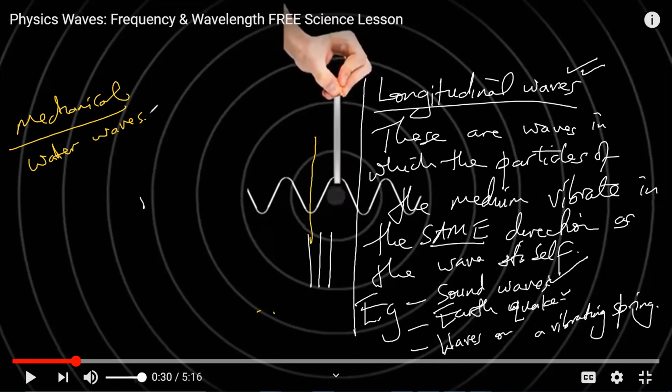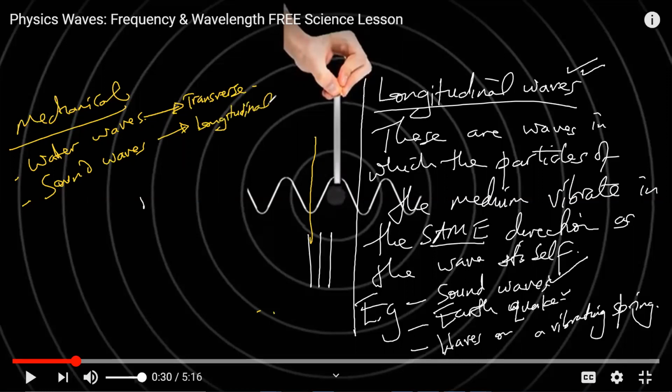But we see that a water wave is actually not longitudinal. It is instead transverse. Another example of a mechanical wave is sound waves. But these are longitudinal.